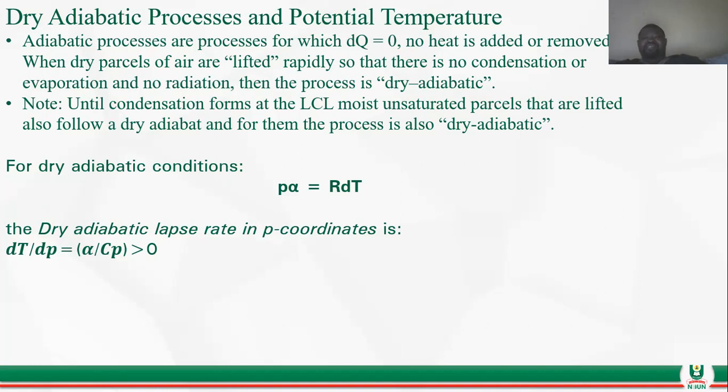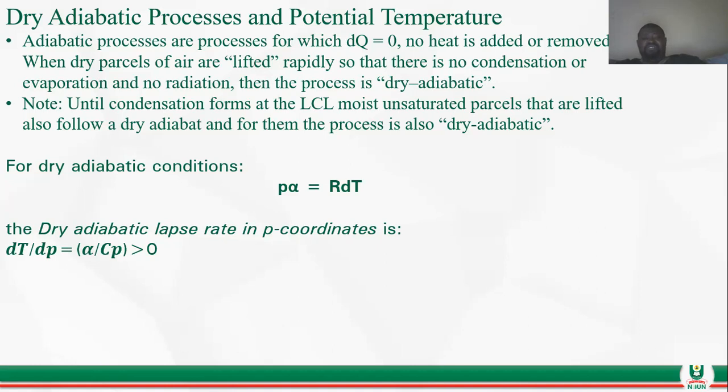Then the process is dry adiabatic. If I ask you to define dry adiabatic, you should be able to do that. Note also that moist unsaturated parcels that are lifted, until condensation forms, also follow a dry adiabatic process.